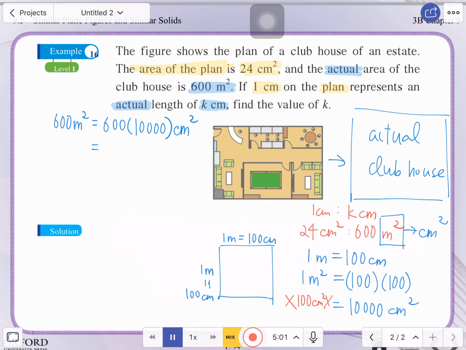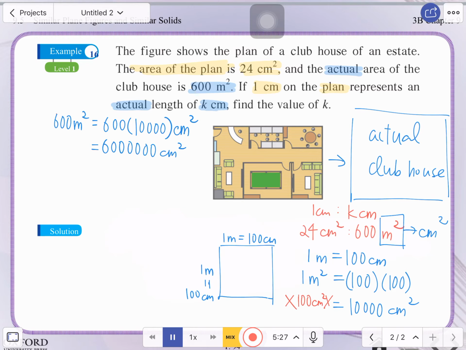After calculation, it will be 600,000 cm square. Now we have made all the units the same, and we can go on to find the length ratio and the area ratio.